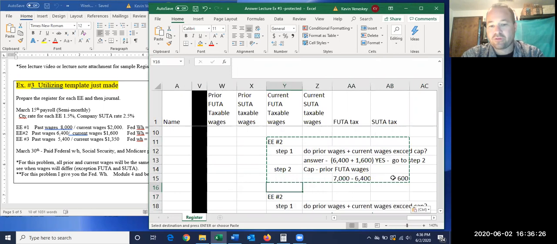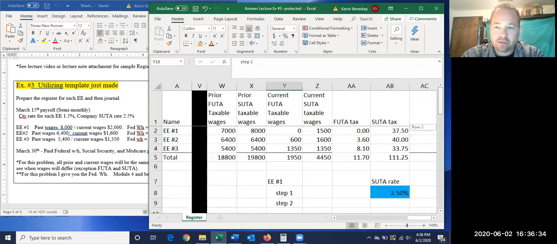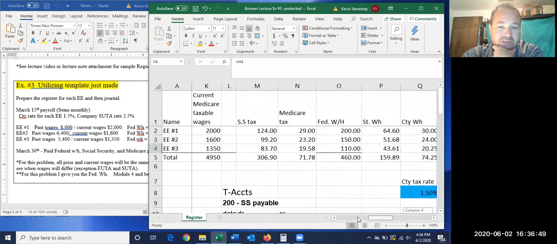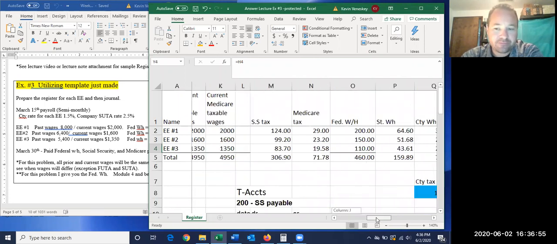And I'm going to want to do this now for employee number 3. You won't have to type this out all the time, but you're going to want to at least show me what you've done. So I'm going to go ahead and type it out for number 3 because the answer is going to be different. My prior wages plus my current, so this is what it is by default, $1,350. That's what my gross wages were, $1,350.